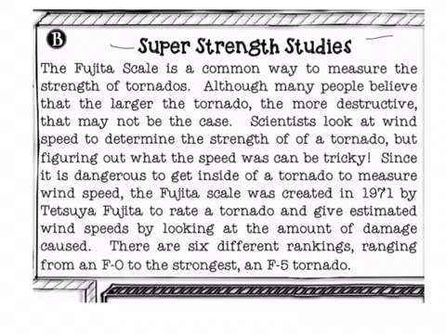Since it is dangerous to get inside of a tornado to measure wind speed, the Fujita scale was created in 1971 by Tetsuya Fujita to rate a tornado and give estimated wind speeds by looking at the amount of damage caused. There are 6 different rankings ranging from an F0 to the strongest, an F5 tornado.